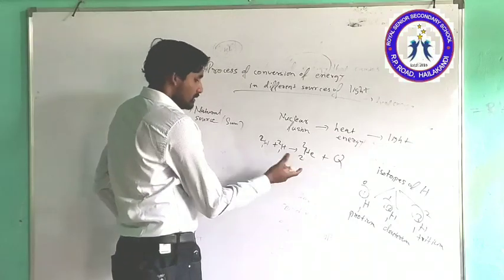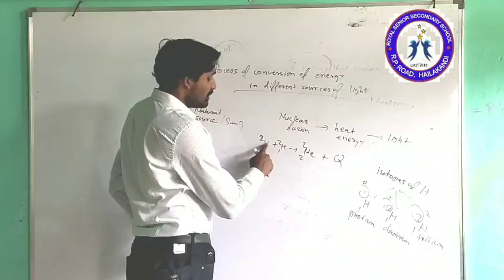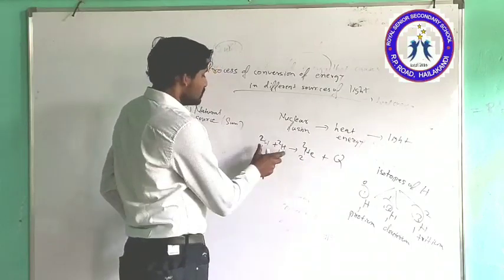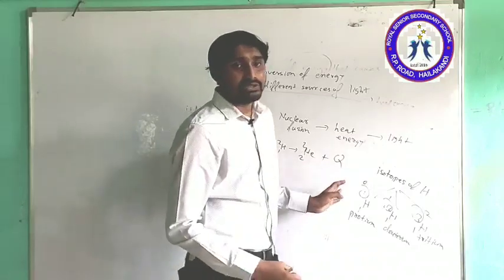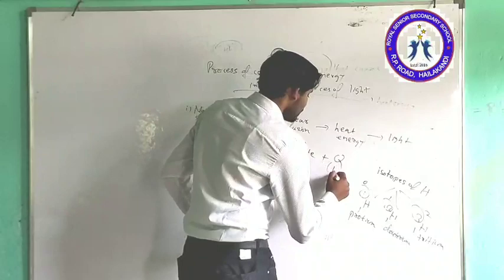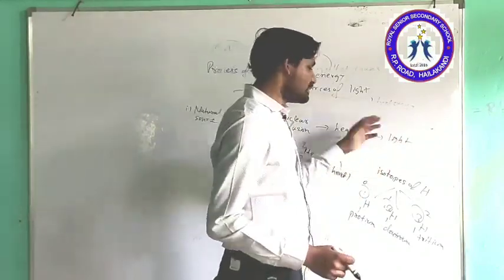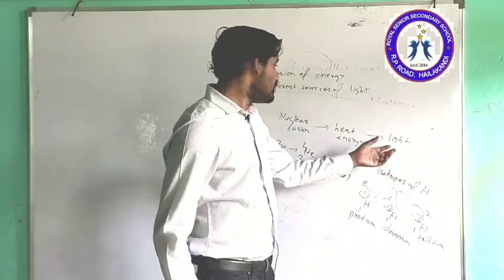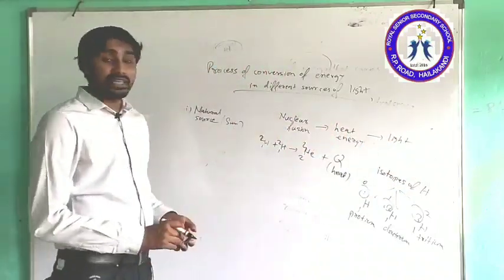Since its atomic mass is less than helium, it is called a lighter nucleus, and helium is called a heavier nucleus. So two lighter nuclei combine to form a heavier nucleus, and along with that a huge amount of energy is released in the form of heat, and a part of that heat energy is getting converted into light. That's how we get light from a natural source like the sun.